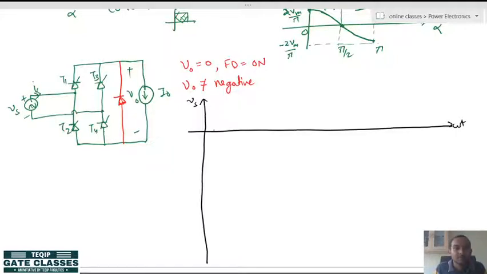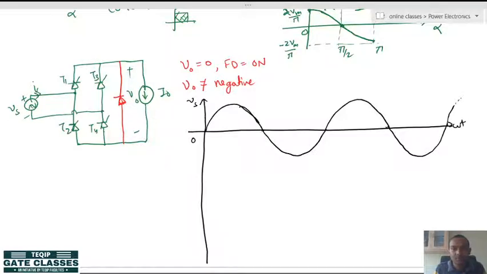Let us say this is my source voltage, like this: 0, pi, 2 pi, 3 pi, 4 pi.